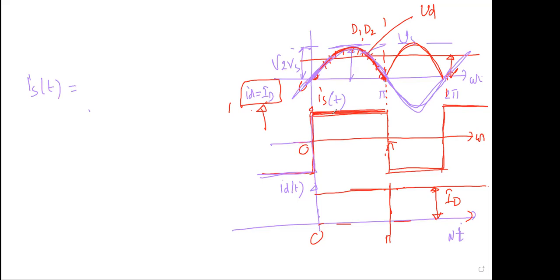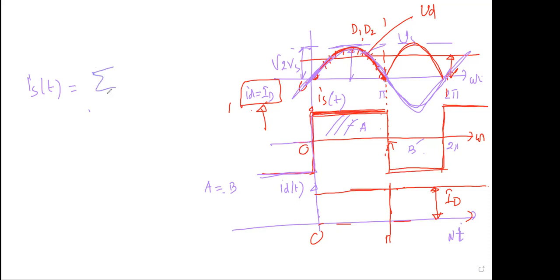So then shouldn't it be 0? Yes, the average value will be 0, because over one cycle the positive and negative areas are equal and opposite and cancel each other. So you will not get any DC value. Am I correct?